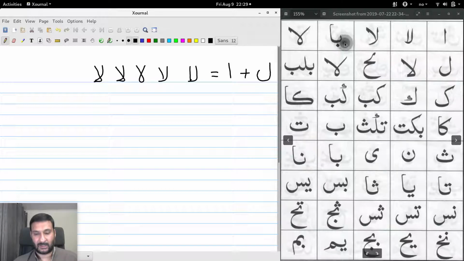This is Ba Alif, and how it's written is that the full form of Ba looks like this, plus Alif, and you can write it so as you can take first part of Ba and then you can have Alif like so.